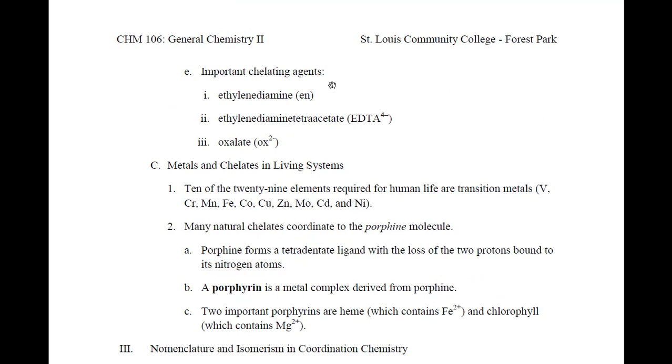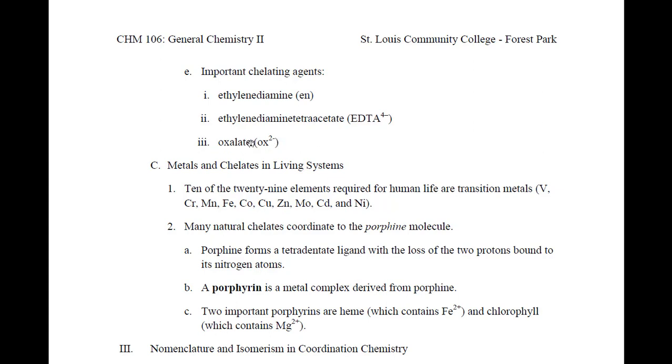All right, so important chelating agents then: ethylene diamine, which we will use in laboratory to synthesize a complex; ethylene diamine tetraacetate, which is the 4- version of the ethylene diamine tetraacetic acid. The acetate's much more soluble in water and therefore able to be used more effectively. Then there's also the oxalate ion, which is C2O4 2-.